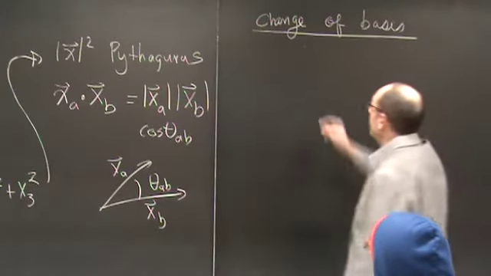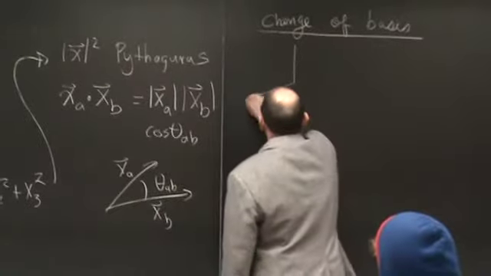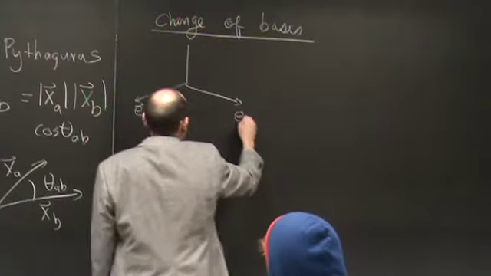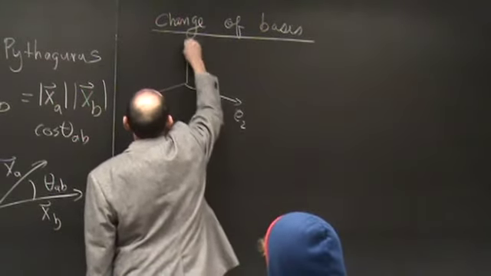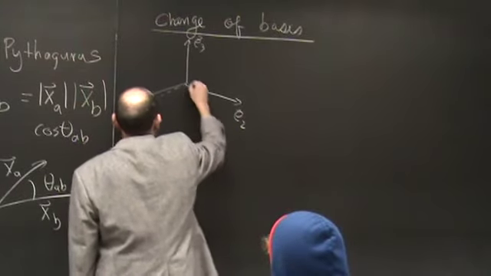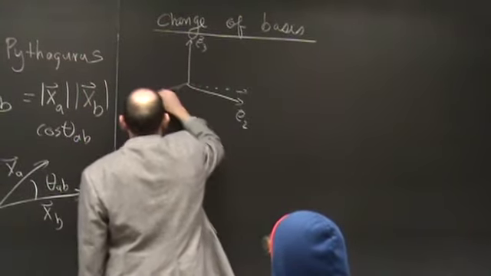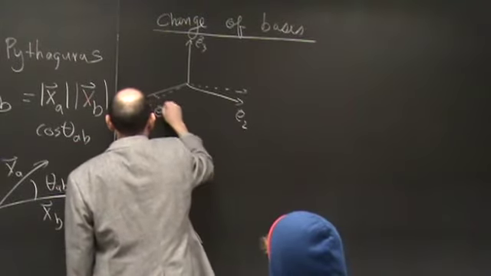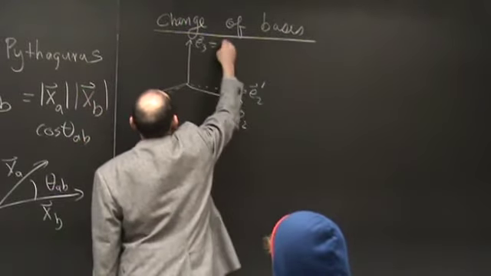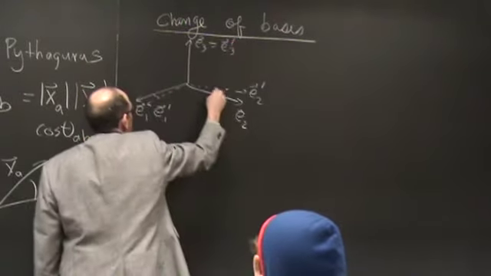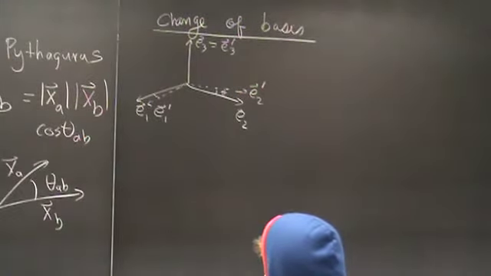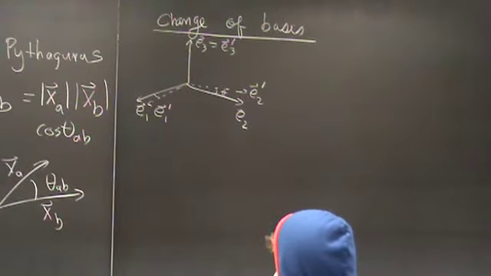So let's imagine we had our original Cartesian space, and let's say we do a change of basis, for example, a rotation to a new set of basis vectors where I've rotated, in this case, about the 3-axis by an angle theta.